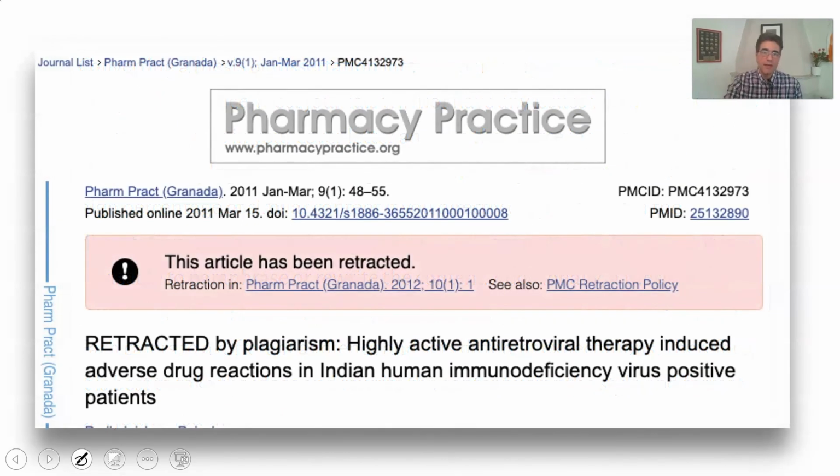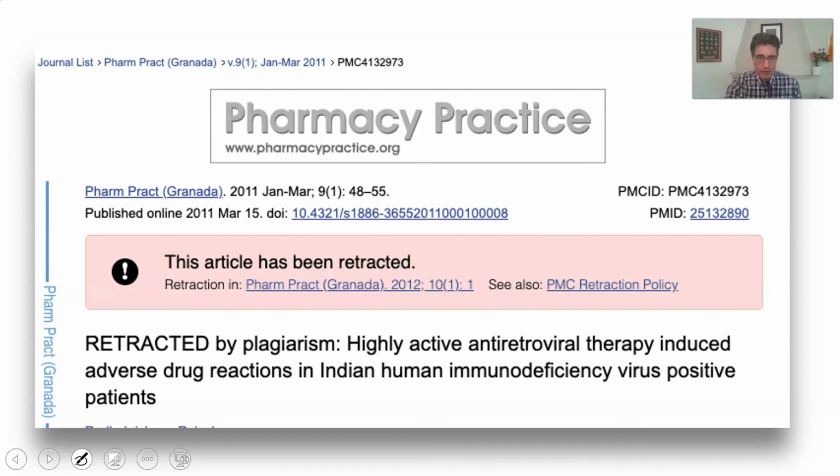What you don't want to happen, and this is why journals are so concerned about this, one of the reasons, is retraction because of plagiarism. Here, I've taken the authors out of this because obviously I don't want to shame anybody, but this is an example of many, many that happen every year.